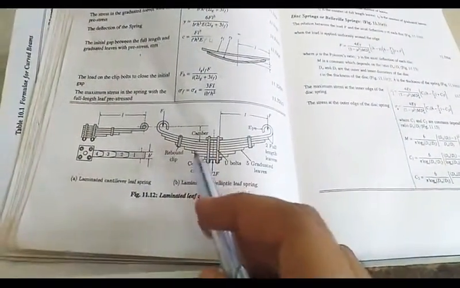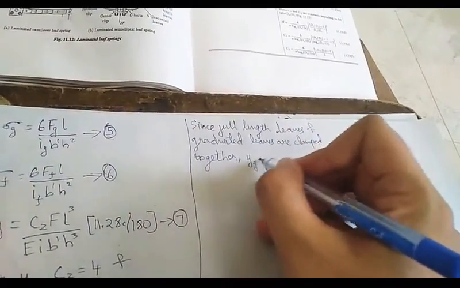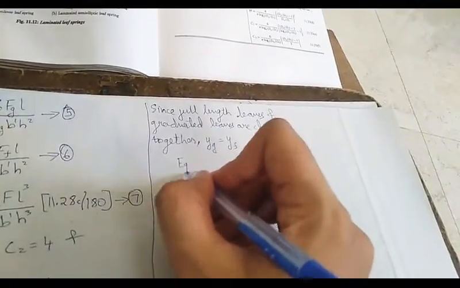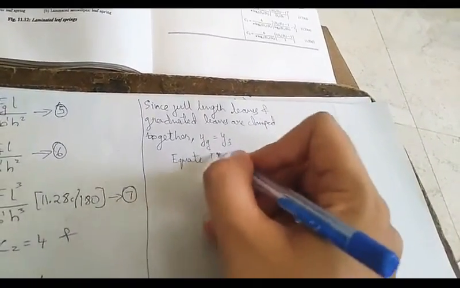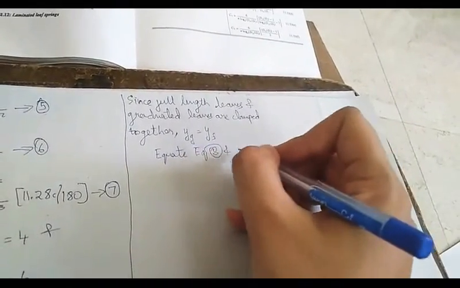Both the leaf springs are clamped together. You can see that the full length leaves and graduated leaves are clamped together. So the deflections YG will be equal to YF. So we shall equate equation 8 and equation 9.